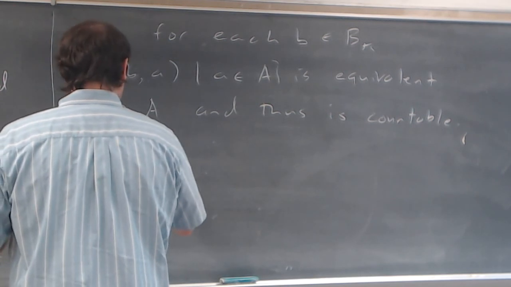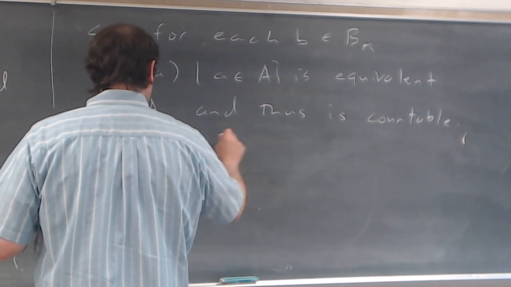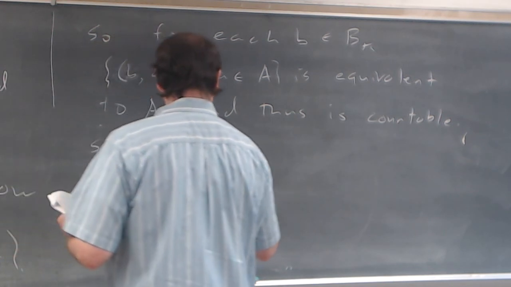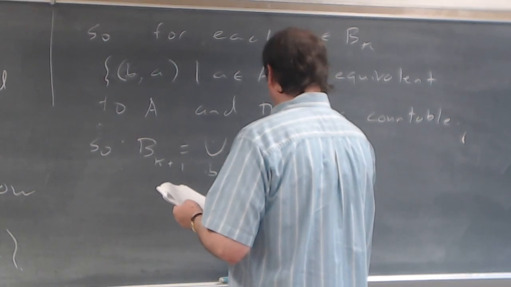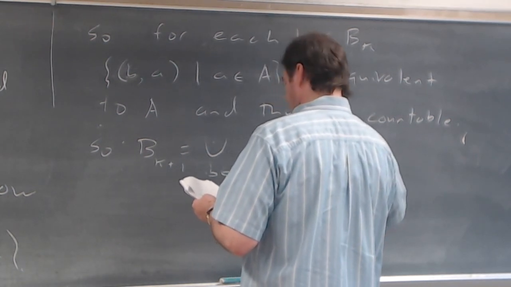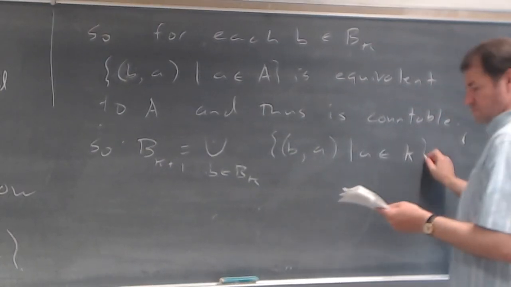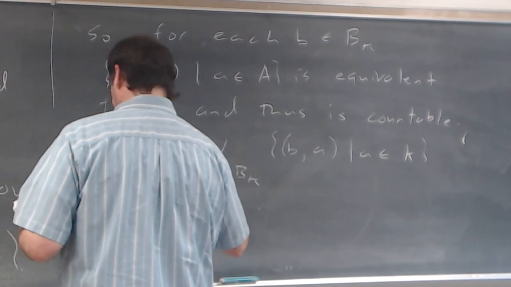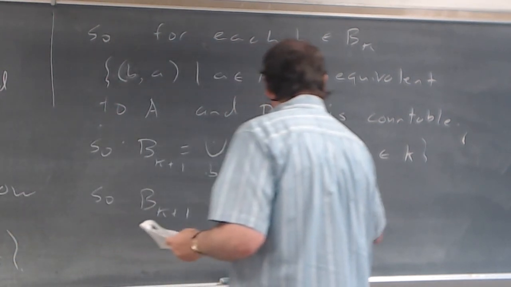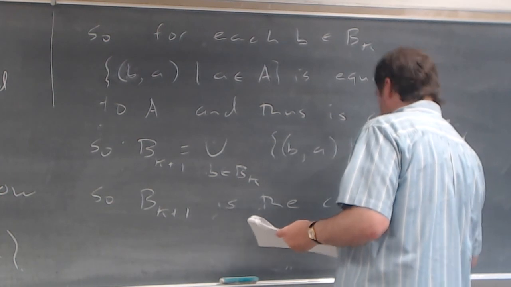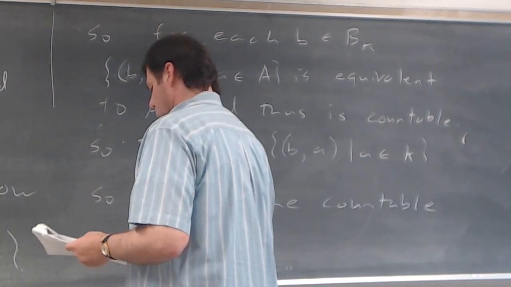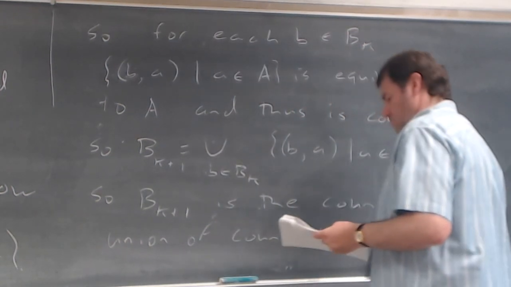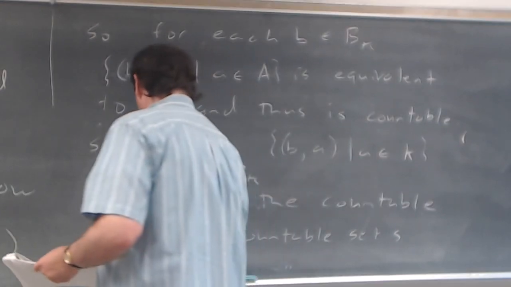So B sub k plus 1 equals the union over all b that are elements of Bk, which we know to be countable, of the sets of (b, a) tuples, where a is an element of A. So B sub k plus 1 is the countable union of countable sets, and thus is countable.